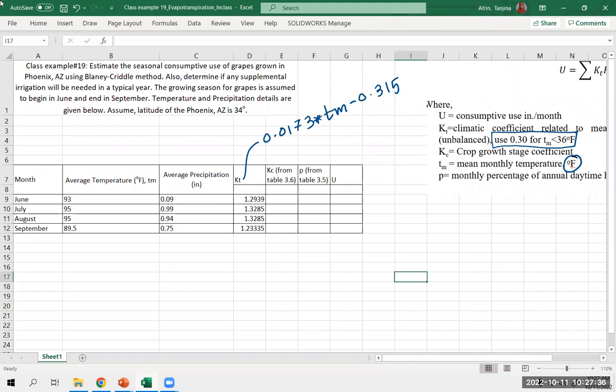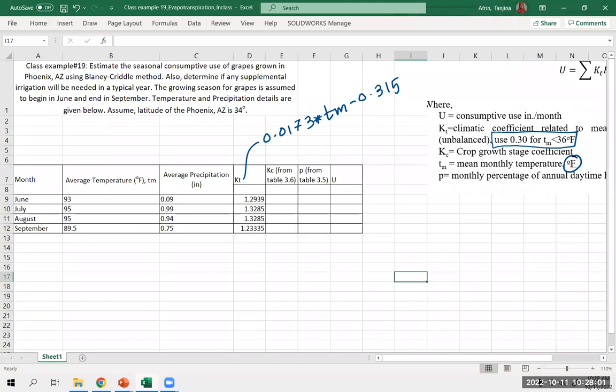So the next one is KC, crop growth stage coefficient. From the name, you kind of know they will have different stages, right? That's because the whole year is not the harvesting year for a particular crop. There are some months which are the season for that crop, right?